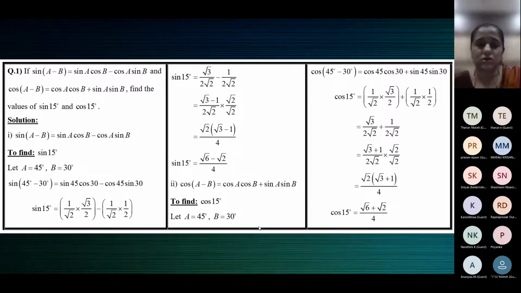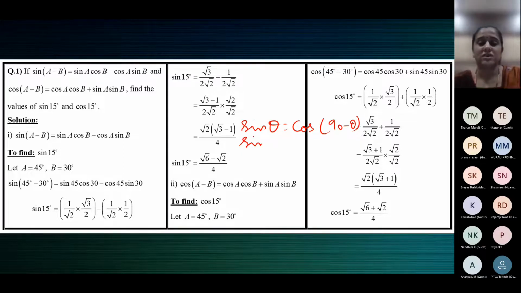Now, we know that sine theta is equal to cos 90 minus theta. Now we have here sine 15 degrees, so theta is 15 degrees.